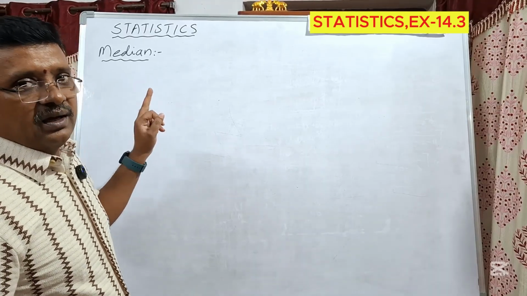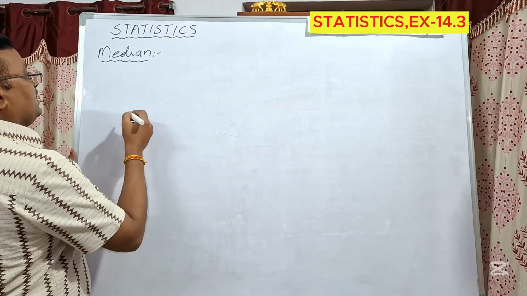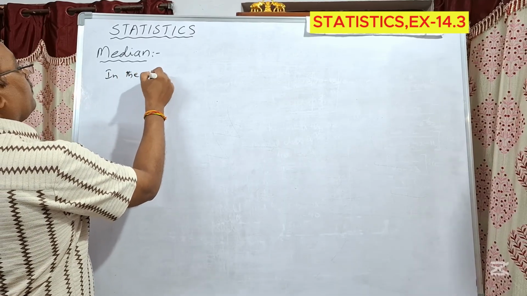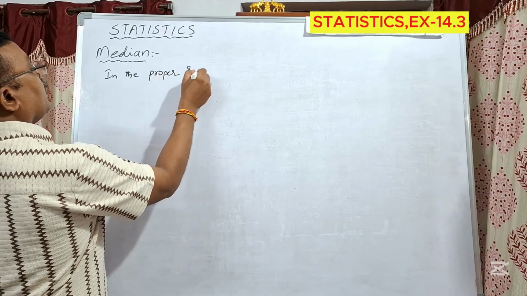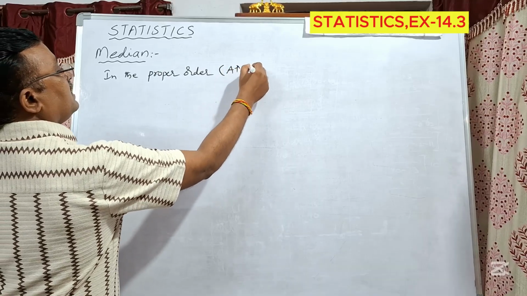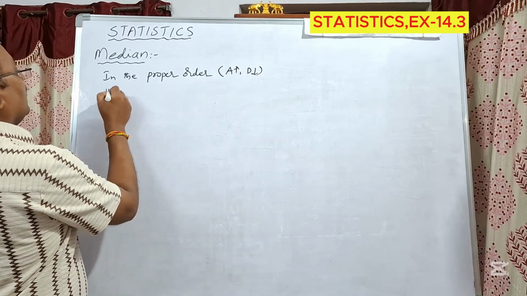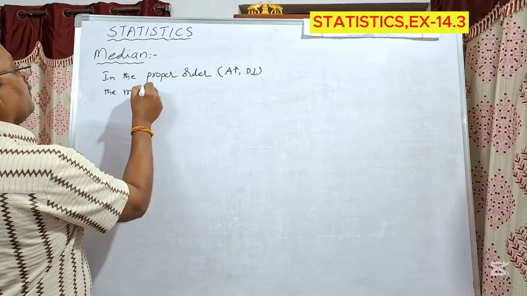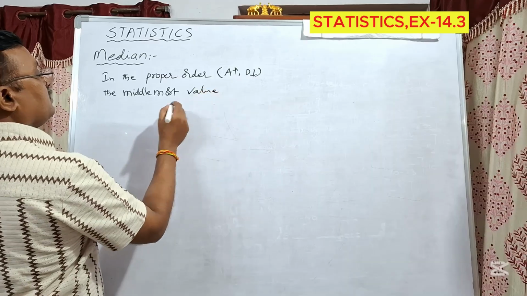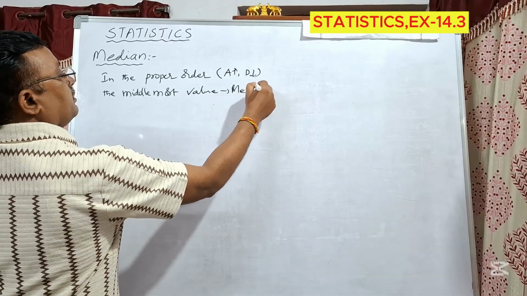Coming to the median of any statistical data, the actual definition is: in the proper order, either ascending order or descending order, the middlemost value is called the median.